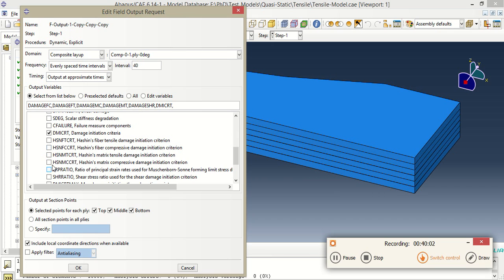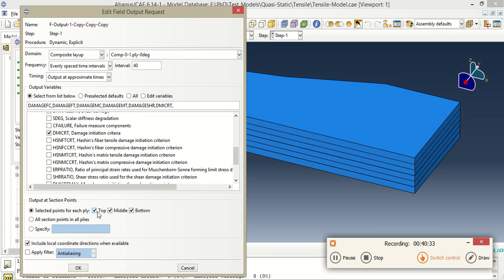When I chose these, Abaqus gave the error that this Hashin failure criteria is not supported, and so on. So I think that is an internal error. What it is, I can't comment on it. But alternatively, you can choose the damage initiation criteria. Since the layer initiates when the Hashin failure criteria is fulfilled, it will give you all the Hashin failure criteria by choosing the damage initiation criteria, the Hashin failure criteria that we used earlier.